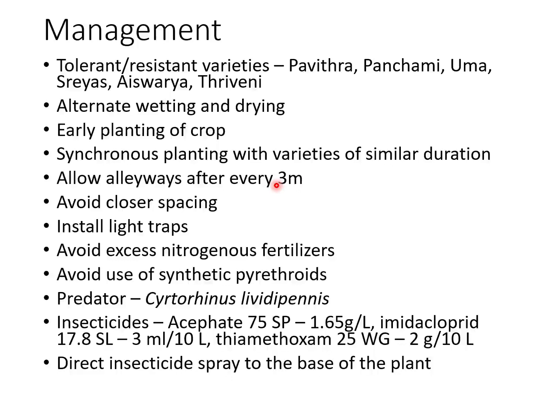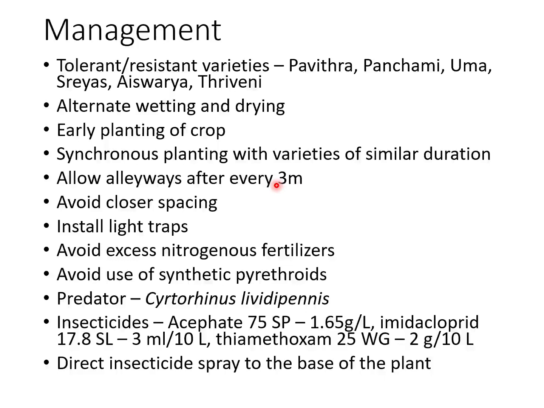So it will be widely spaced. And nowadays we don't normally find BPH infestation in Ponnani or Thrissur kole. That's because of the wider spacing. But we can't recommend such wider spacing. If you are going for such wider spacing, the yield will reduce. So go for the optimum spacing or optimum seed rate so that the buildup of BPH can be avoided.